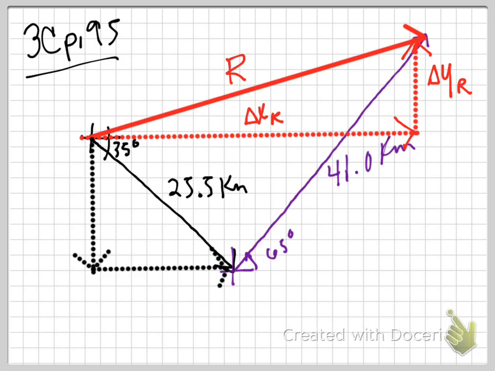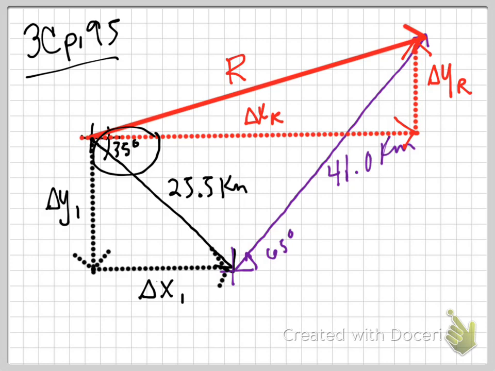So there we have delta y1, delta x1. Oh, shoot. What did I do? How did I make that more complicated for myself? Where's my angle on that first leg?